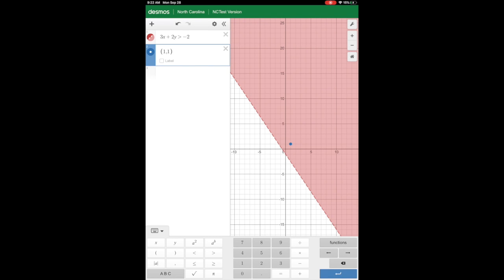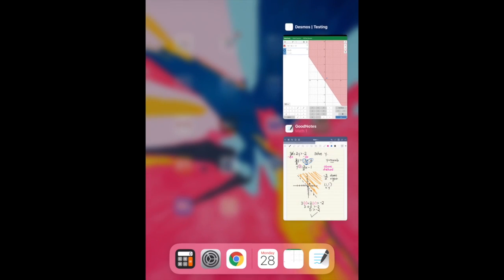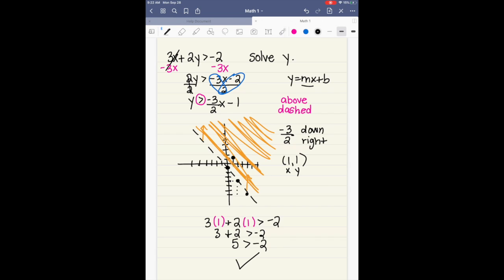Now, anything that falls on a dashed line does not work. Okay, so if I go back and let's say I check the actual intercept, 0, negative 2. 0, negative 2 should not work because it's on the dashed line. A dashed line is not included. All right, so I'm going to plug that in.